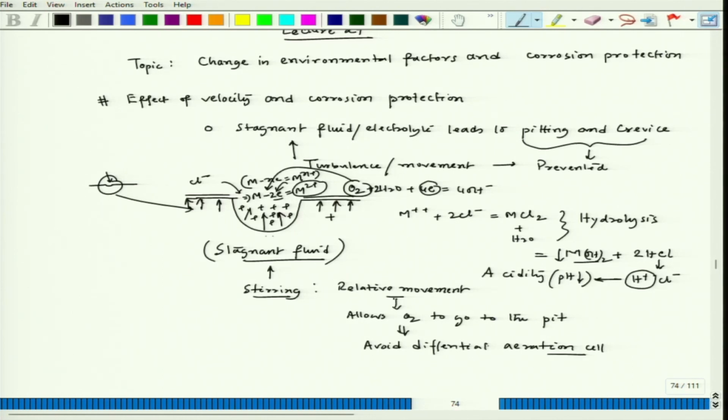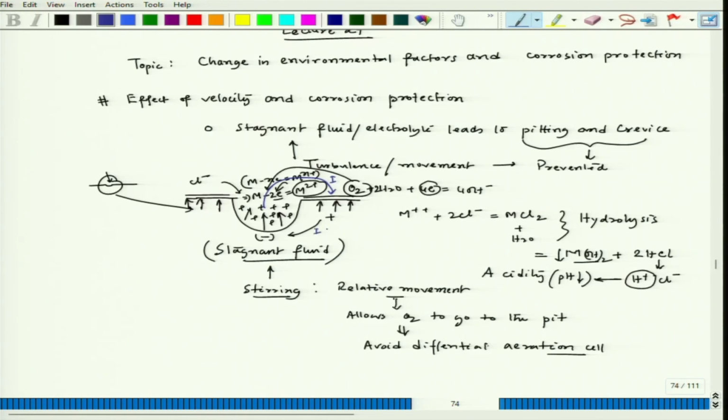So, you have a positive here and this negative terminal in the galvanic couple, and then current will flow from positive to negative through the conductor or through the metal, and current will flow through the electrolyte from negative terminal to positive terminal. So, this is the current flow direction.